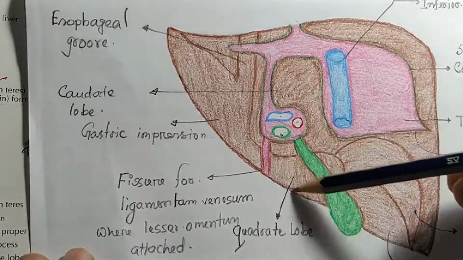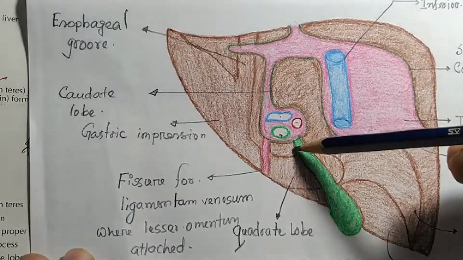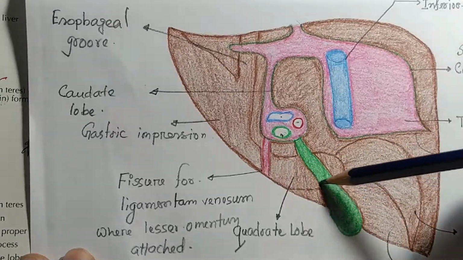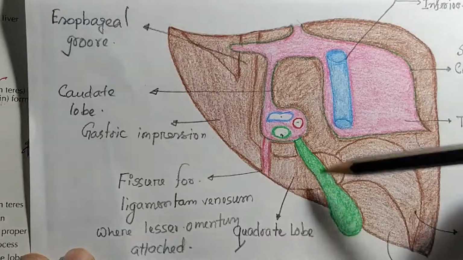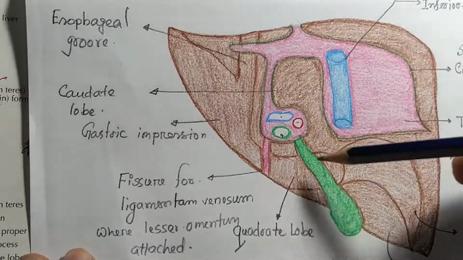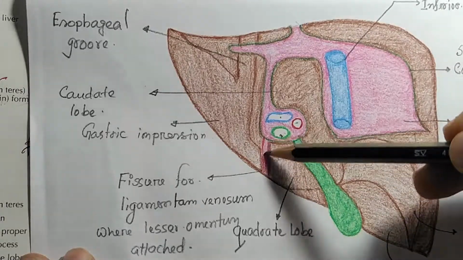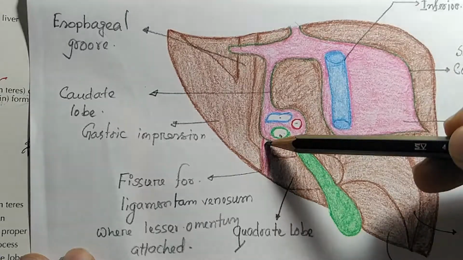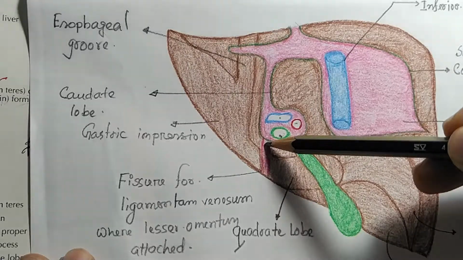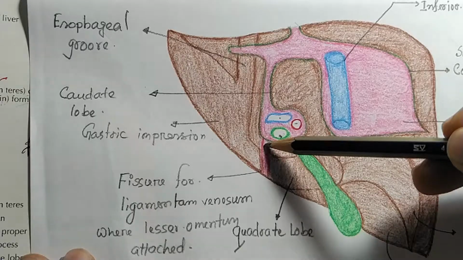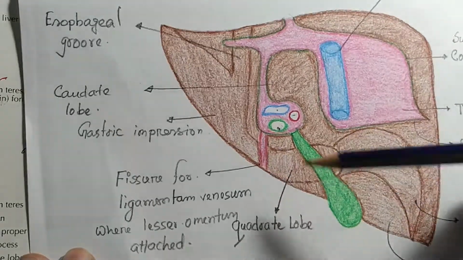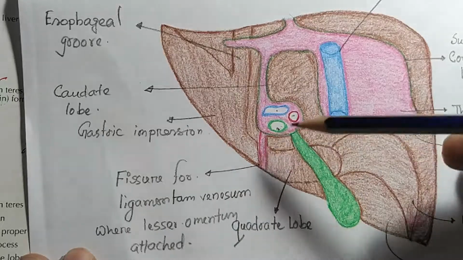So the quadrate lobe is bordered on the right side by the gallbladder fossa, and on the left side by the ligamentum teres.